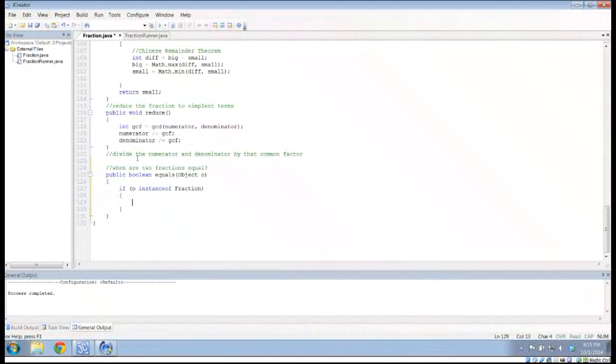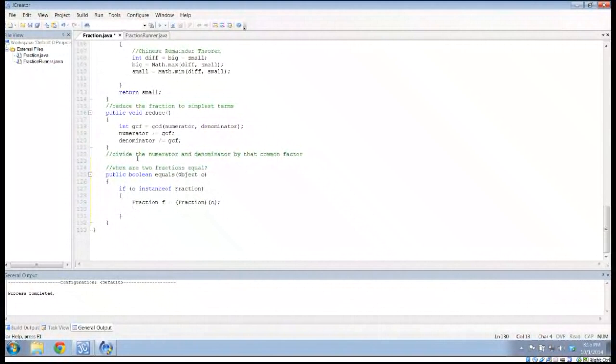And if it is a fraction, then I can call it a fraction f, and I can actually cast it as a fraction. So in other words, instead of dealing with some object O, I'm dealing with a fraction, which I'm calling f. And then, now I can worry about when fractions are equal.